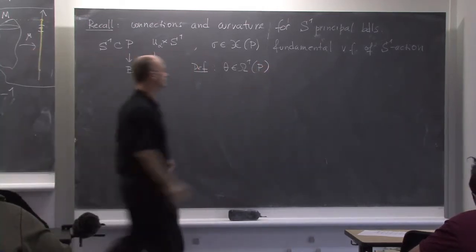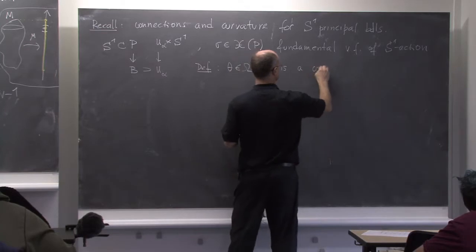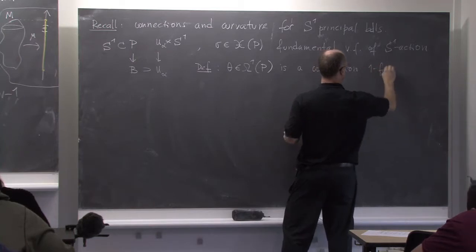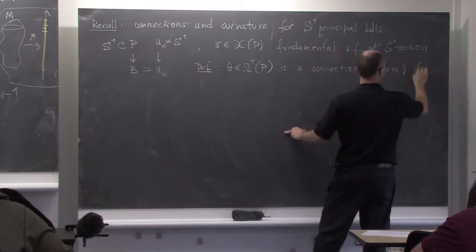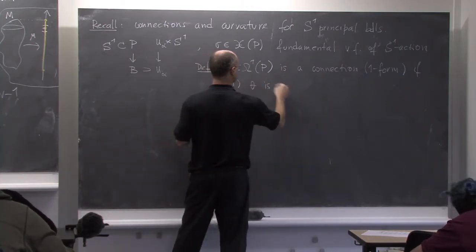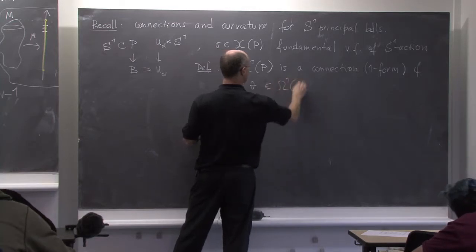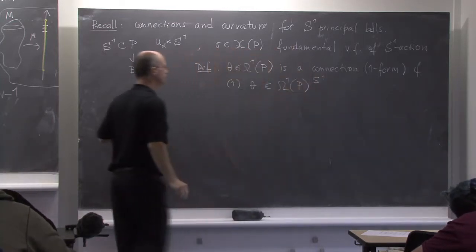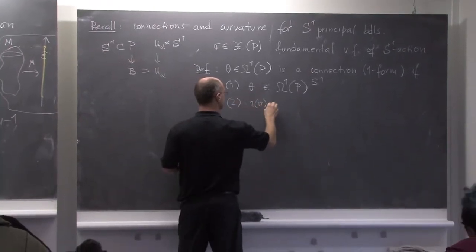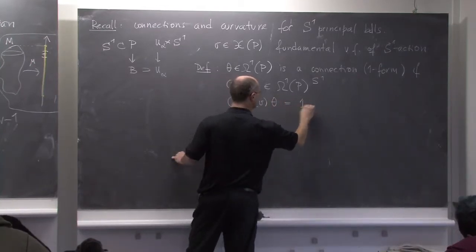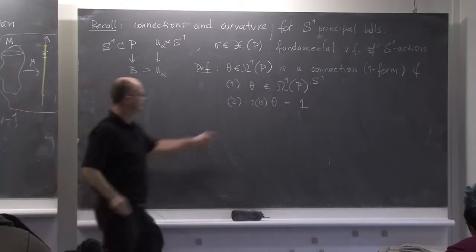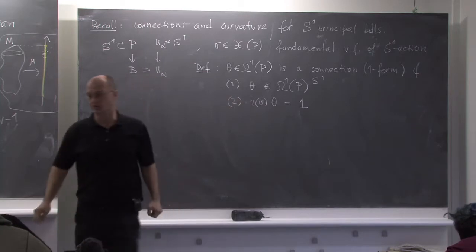A one form theta on the total space is a connection one form if it satisfies two properties. Theta is S1 invariant. And its pairing with the fundamental vector field is simply equal to 1.